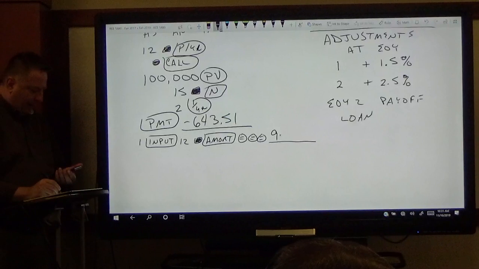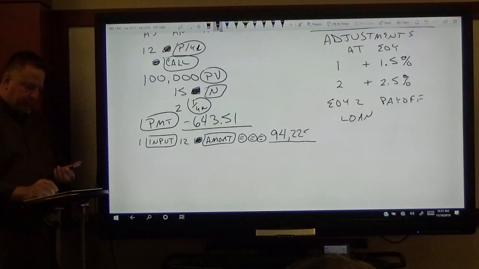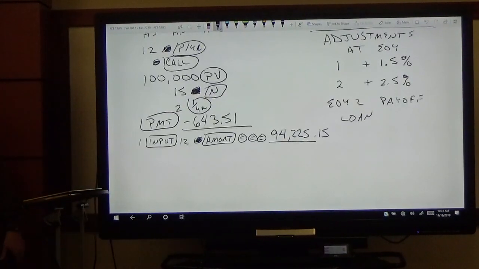The balance is going to be $94,225.15. Okay, nothing is unusual up to this point. Everybody with me? Okay, now this is the part where it gets unusual.